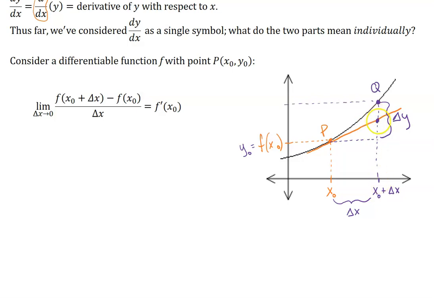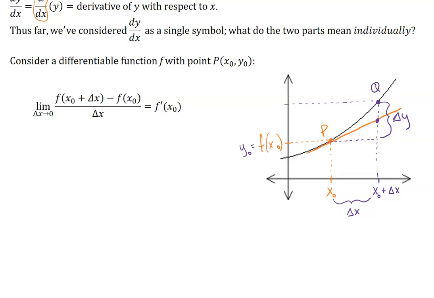It's going to be this point right here, and we're going to use this point to approximate point Q. In other words, the height of this point right here that has the same x coordinate but is on the tangent line instead of the curve, the actual function, is going to be used to approximate this value.